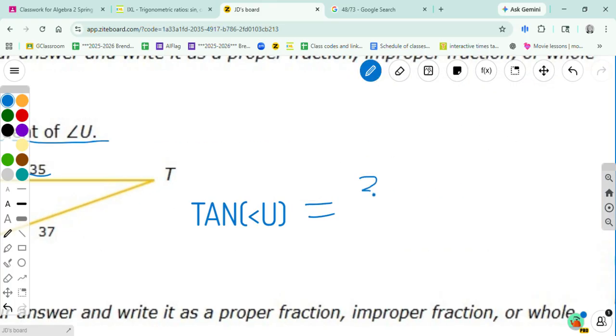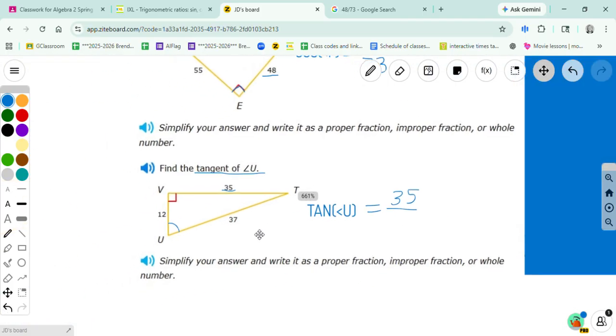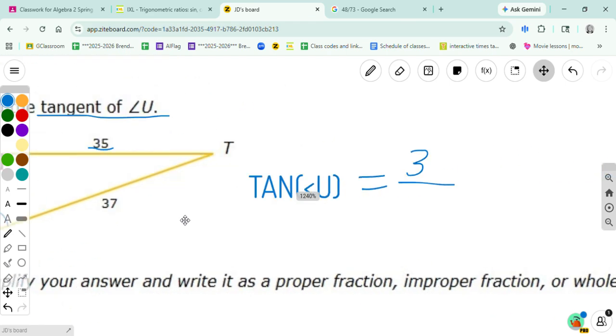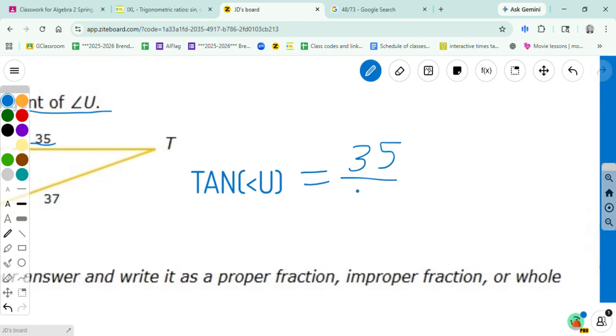So our answer is 35 over, and now they want the adjacent. Which one of these is the adjacent? Well, this one is the square. So the one that's opposite the square is going to be the hypotenuse. So therefore, the other one has to be it, which in this case is 12. So the tangent of angle U is 35 over 12.